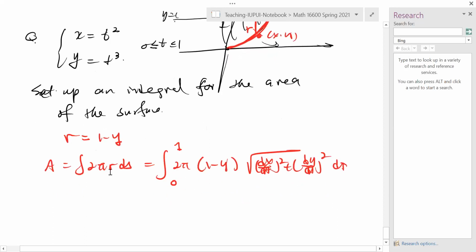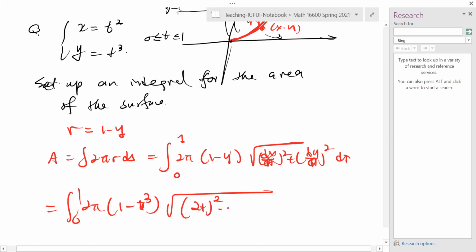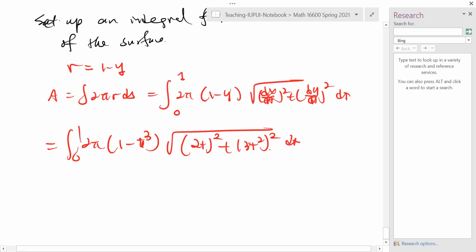Then you replace y by t cubed, and the derivative of x with respect to t is 2t, and the derivative of y is 3t squared, and squared. Right? You got it? I hope you understand how to set up the integral for the surface of revolution.